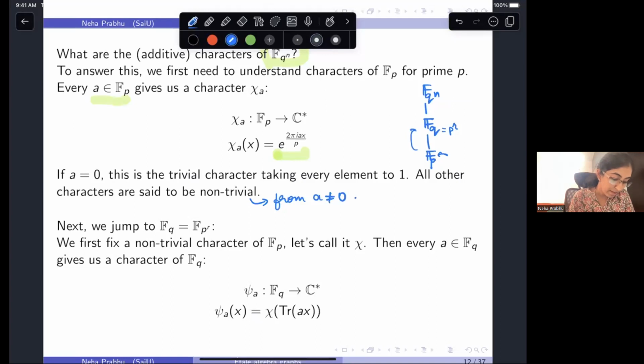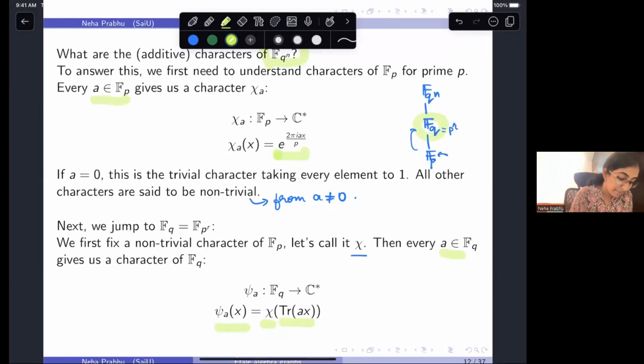If you fix chi to be any non-trivial character, then for a character up here, you take the trace of ax, apply chi to it, and that will be psi a of x. So for each a, you have the character psi a, which takes x to chi of trace of ax.